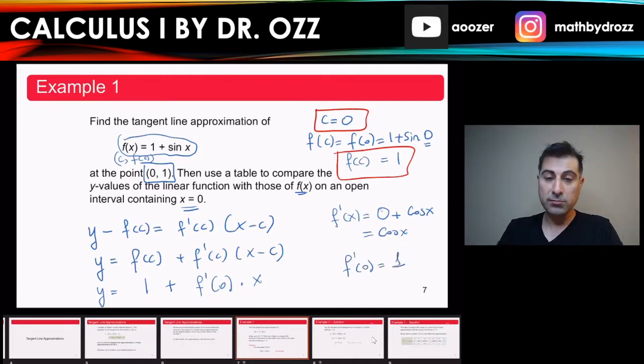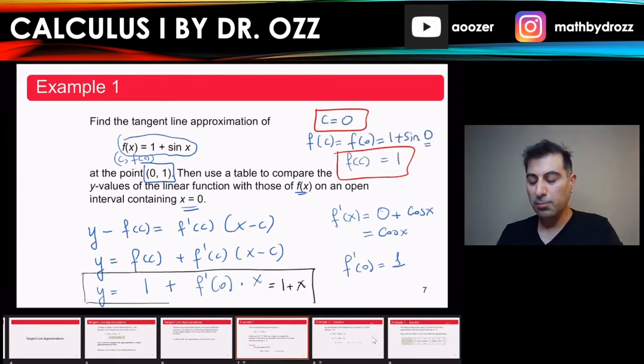Here 0 is in radians, so you can even use your calculator to calculate cosine 0, and you're going to have 1. So then this formula gives you what? 1 plus 1 times x, which is x. So in other words, y equals 1 plus x is the tangent line approximation of 1 plus sine x.